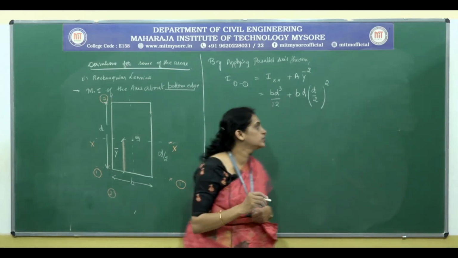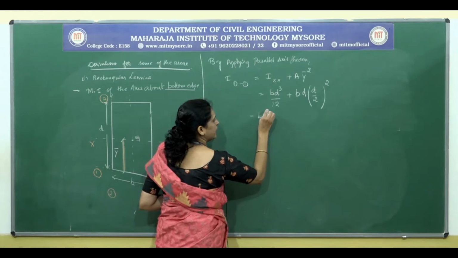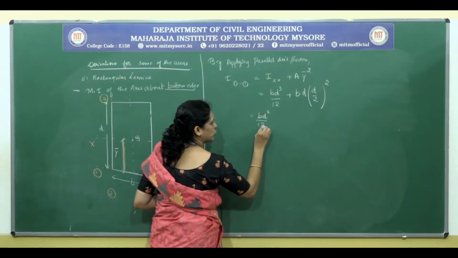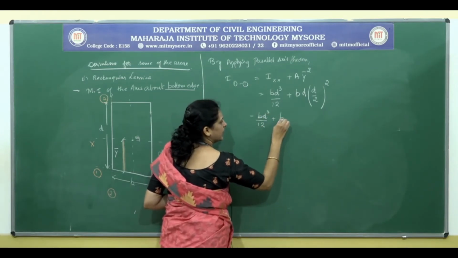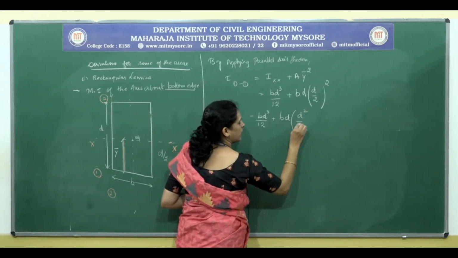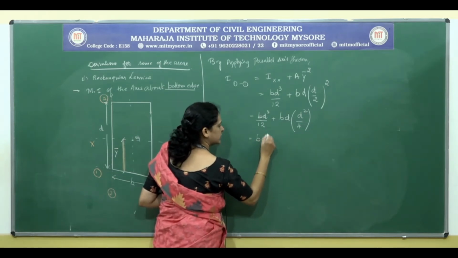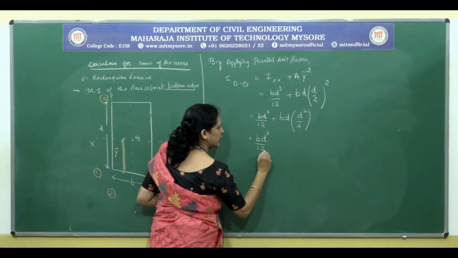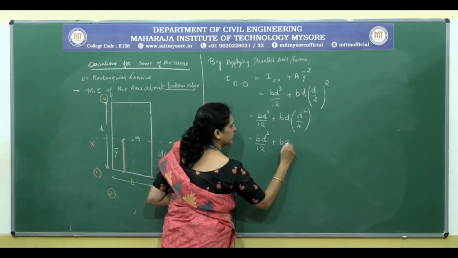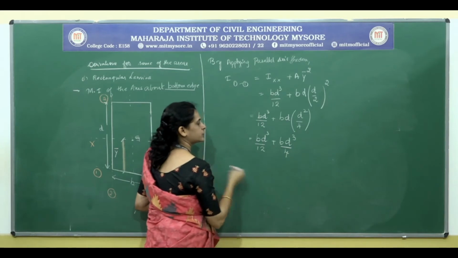Upon simplifying, we get BD cube by 12 plus B into D into D square by 4.